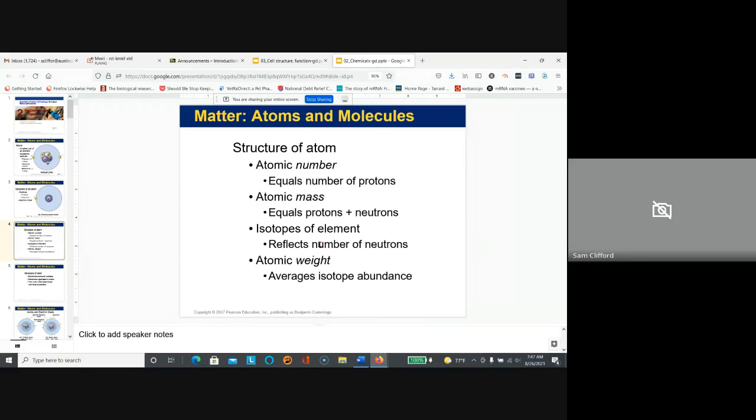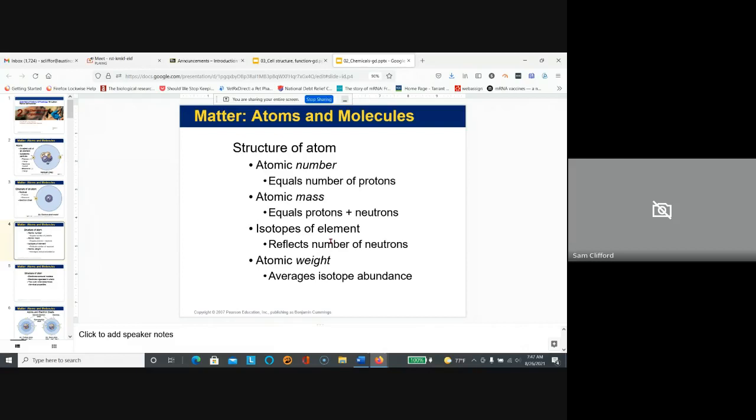For example, the element carbon has carbon 12, carbon 13, carbon 14 as some of its isotopes. It means that carbon 12 has 6 neutrons, carbon 13 has 7 neutrons, and carbon 14 has 8 neutrons.